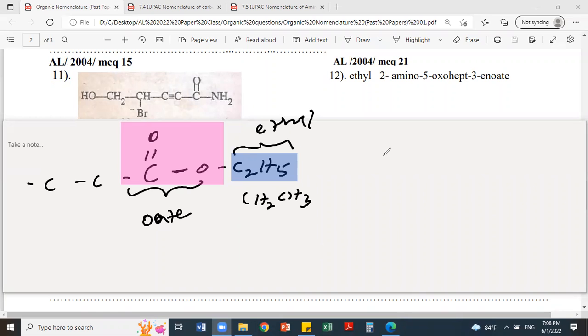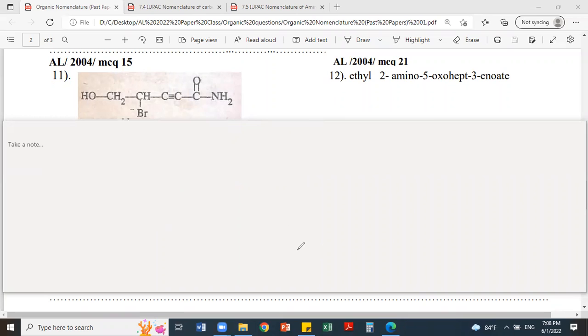I'll help you because this is the first time you are doing this kind of question. So this is how you do it. Hept means how many carbons? Hept means there are 7 carbons. Look, this is how you do it. First you have to select the longest chain. There are 7 carbons, hepta means 7 carbons. So we'll put 7 carbons here. 1 2 3 4 5 6 7.